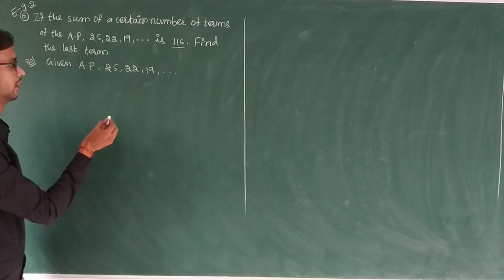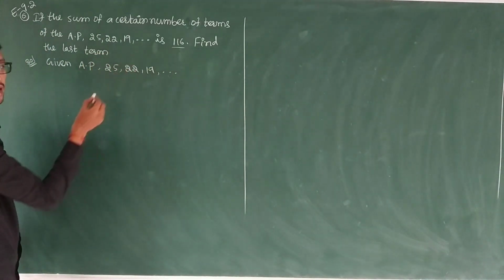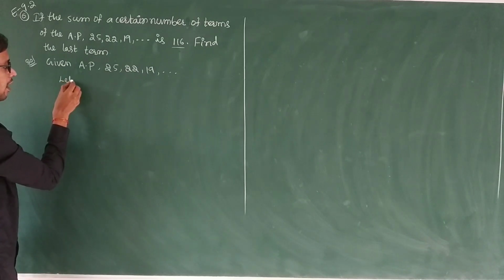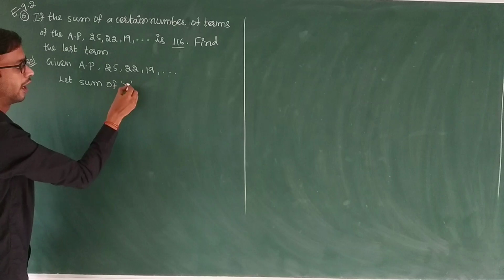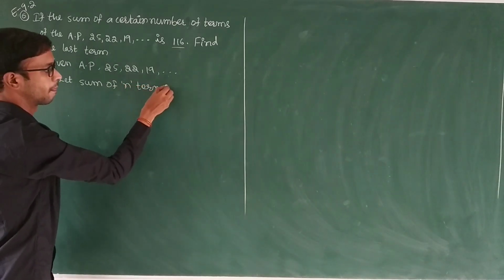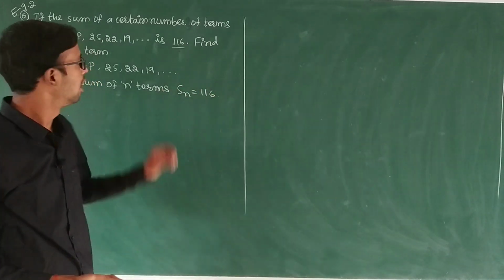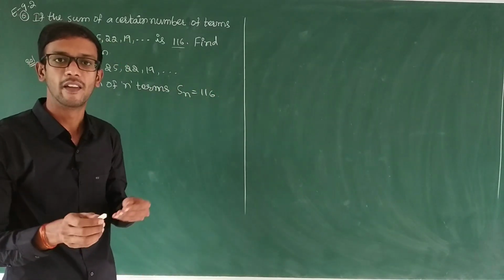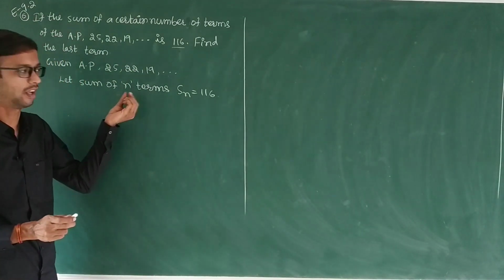Next, let the sum of n terms be Sn equal to 116. We don't know the number of terms, so that's why I am taking n terms.